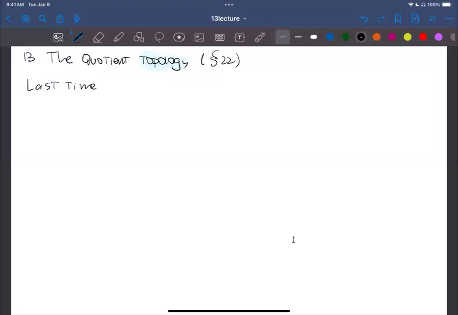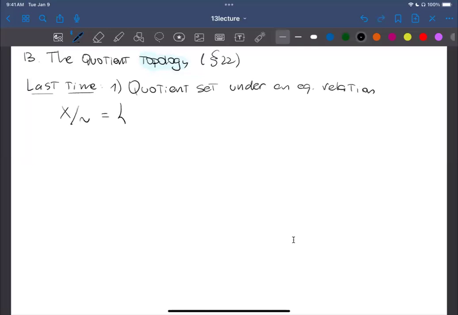Mostly, what we did was first, you can always define the quotient set under an equivalence relation. This is denoted by X quotient equivalence, which is by definition the collection of all equivalence classes.